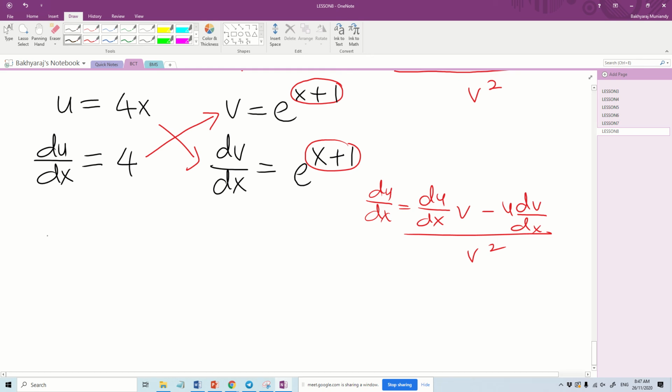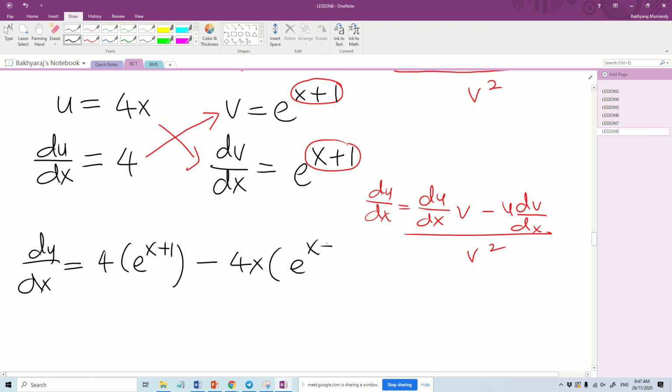So I put everything into the formula. dy/dx equals, okay, 4 times exponent x plus 1 minus 4x times exponent x plus 1, then divided by exponent x plus 1 squared.